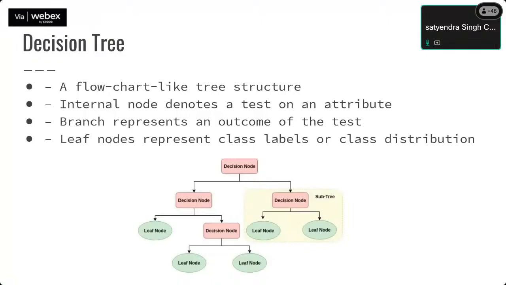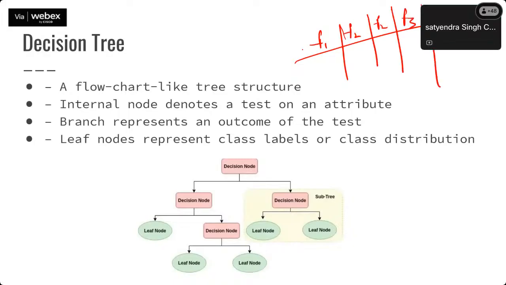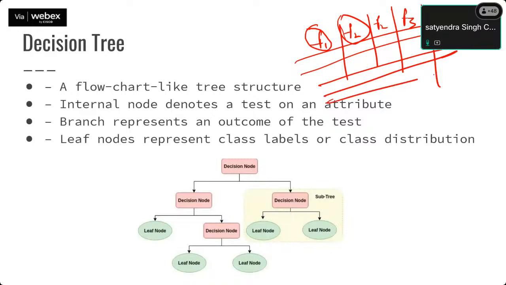It is a tree-like structure, and internal nodes basically represent a test on an attribute. You have different attributes in the data. For example, in structured data you have some features, and for each feature there are values in the dataset, like first data, second data, third data, which might be a category or a numerical value.